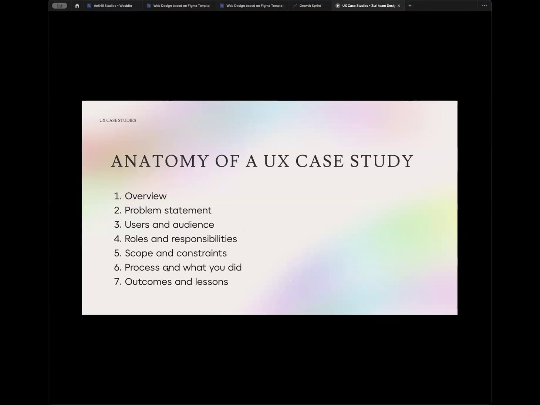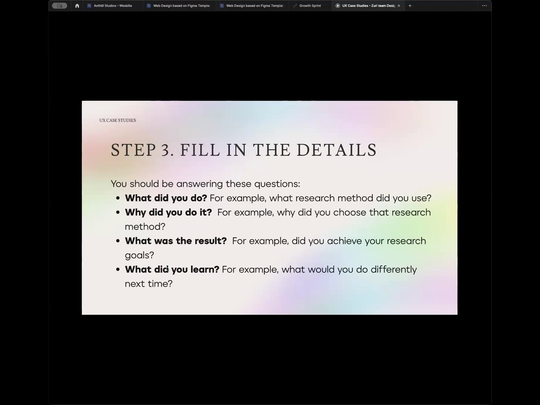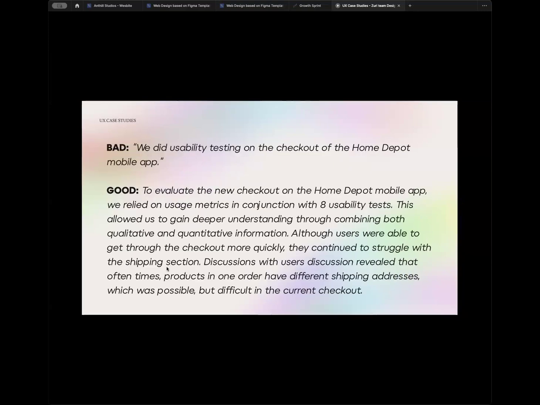Some of that can also come under the middle, but that's the structure that we're talking about. So let's come back to this, right? Don't forget, you need to talk about what you did, why you did it, what the result was, and what you learned. So I have an example here of how this can look.